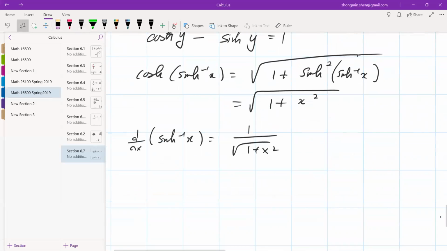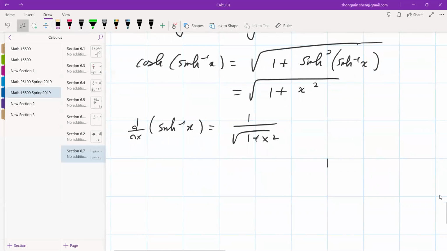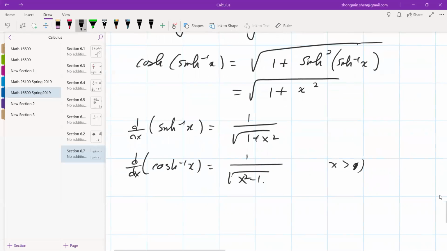And then by similar argument, you can show that we also have, there was a formula in the book, the following formulas. And here x is going to be greater than 1.